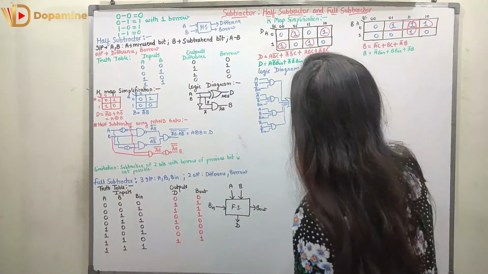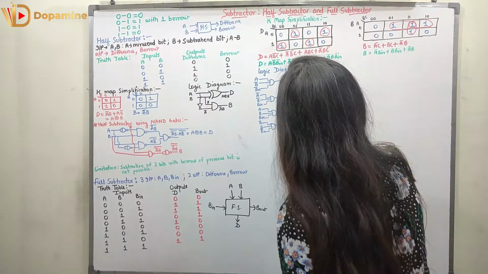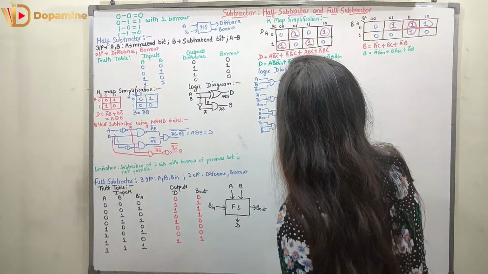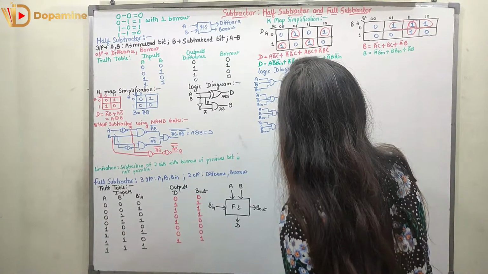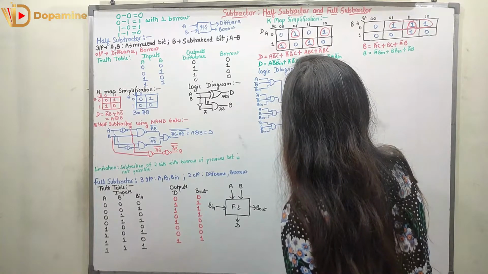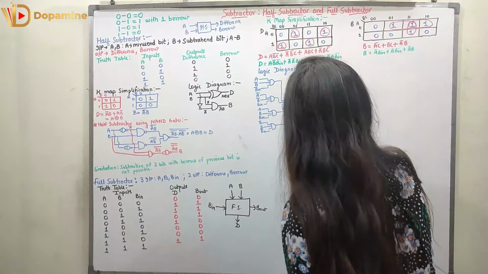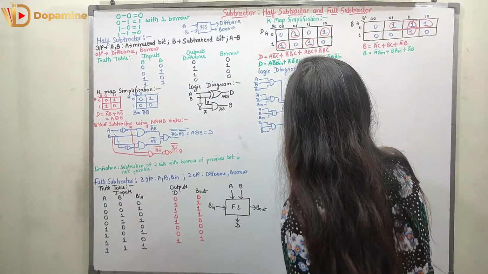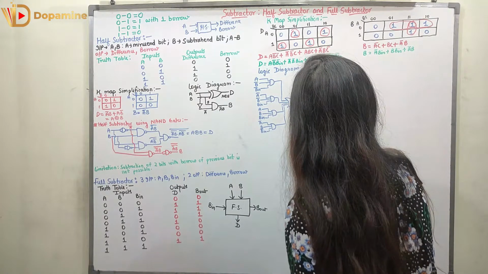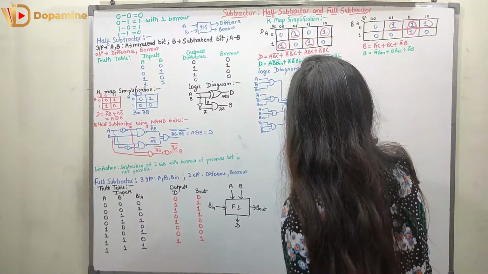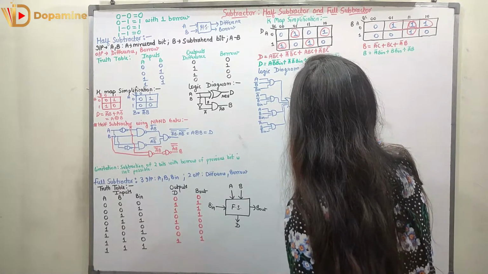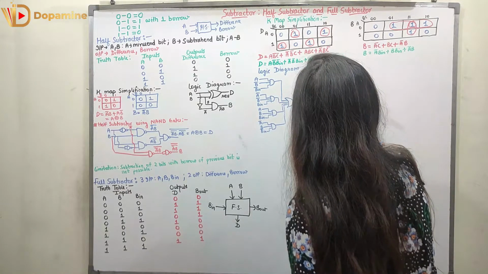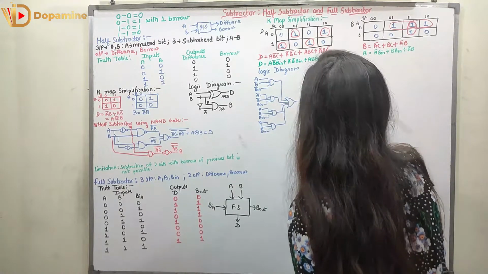Now for the borrow we have A bar B in, both of them are sent to the AND gate. Then B and B in, both of them are sent to the AND gate. Then A bar and B, both of them are sent to the AND gate. Now all of them will be sent to the OR gate, right? So here I will get the borrow.